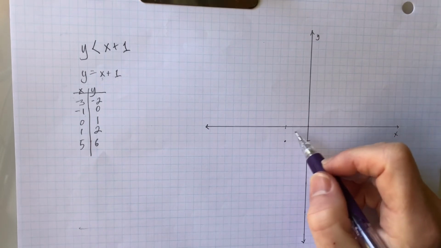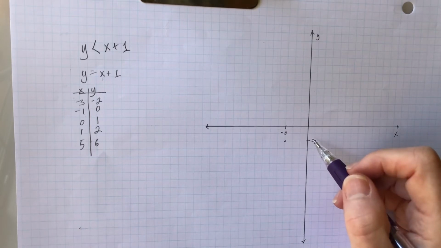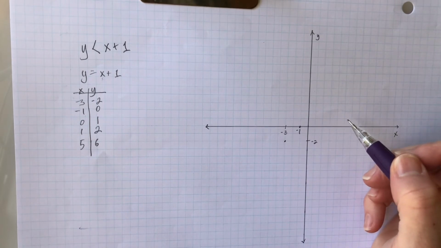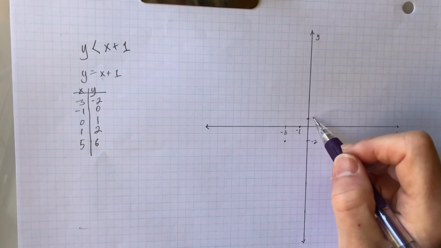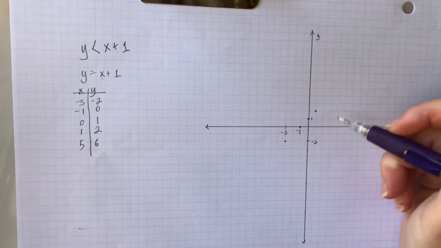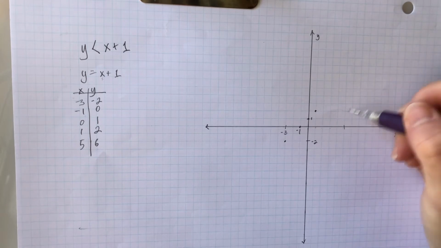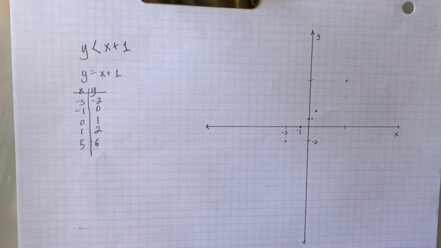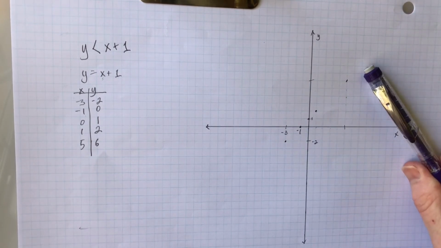And I should put a scale on here, or just note these. -1 and 0 would be here. 0, 1 would be here. 1, 2 would be here. And just going out to 5, 6. So this is giving an idea what the line is going to look like.